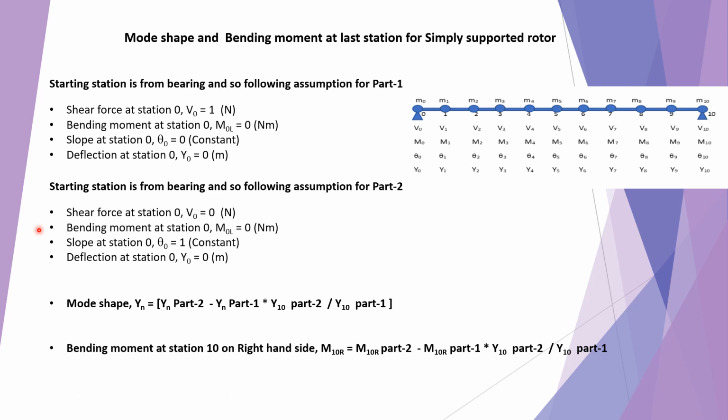This is the deflection equation for different stations. Similarly, bending moment at station 10 on right hand side, M10R is equal to M10R part 2 minus M10R part 1 into Y10 part 2 upon Y10 part 1.